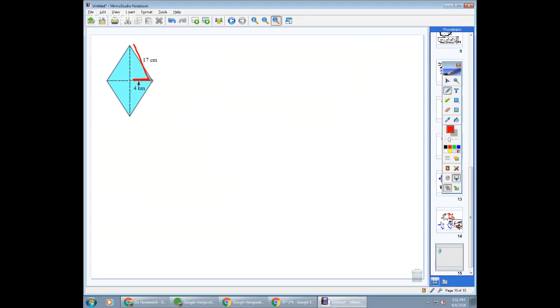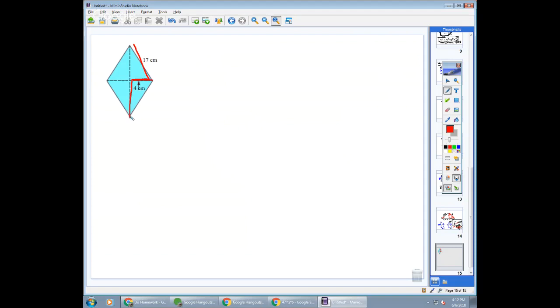Let's see. In order to find area, I need a base that is perpendicular to a height. So what comes to mind on this one is some dissections of this.